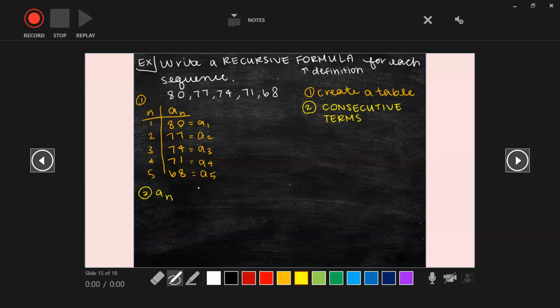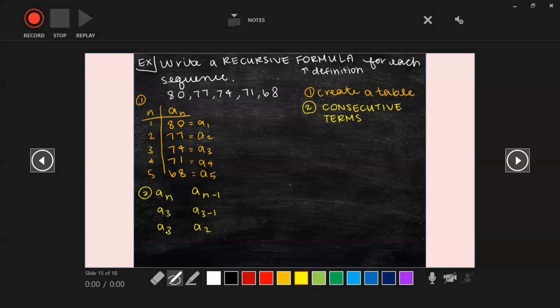So a sub n and a sub n minus 1. What consecutive terms do we want to use? Okay, you want to use a sub 3 and a sub 3 minus 1, which will be a sub 2.